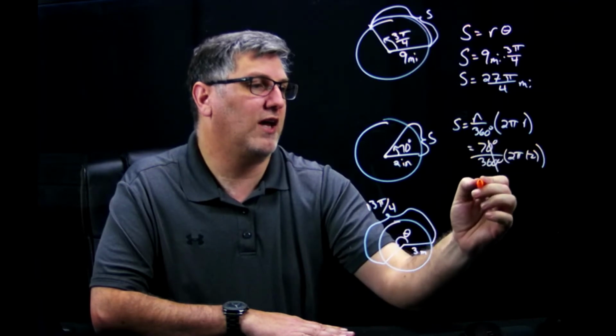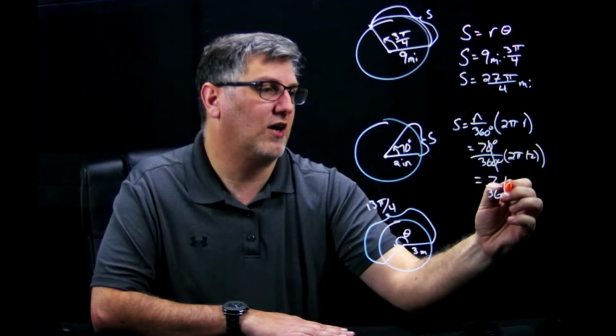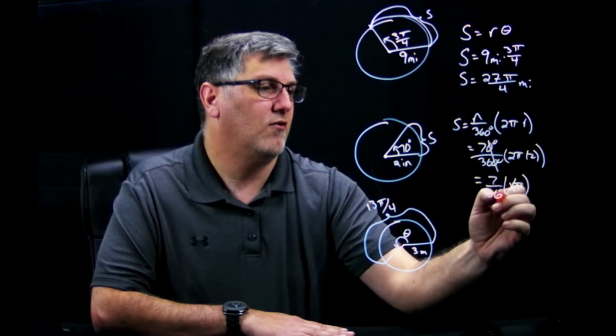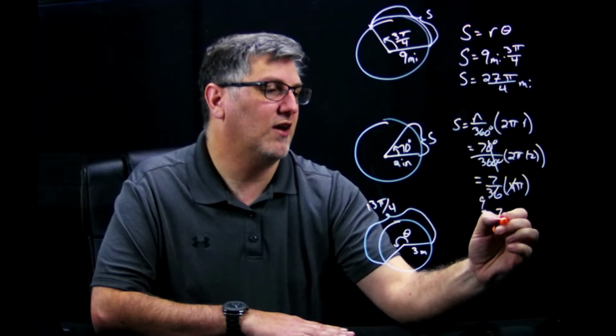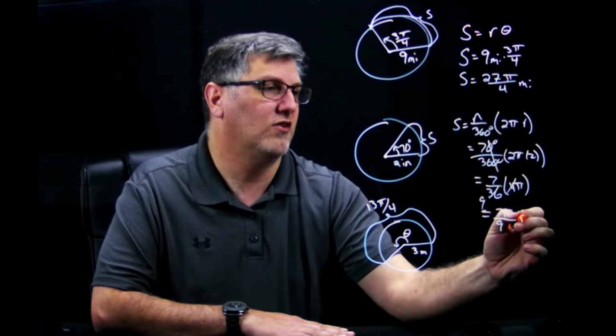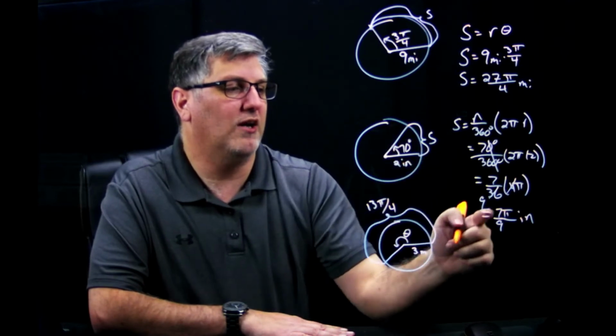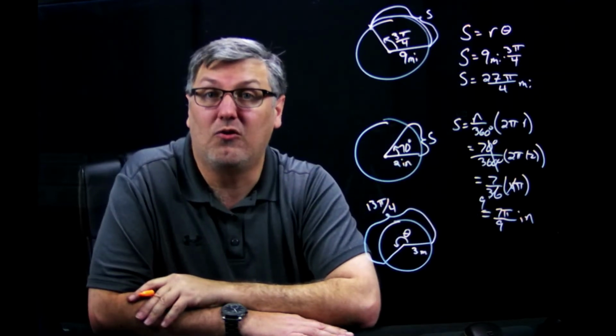Well, my zeros cancel. This gives me 7 over 36 times 4 pi. 4 goes into 36 9 times. So the final answer here is going to be 7 pi over 9 inches, because my radius is in inches. So this total length right here is 7 pi over 9 inches long.